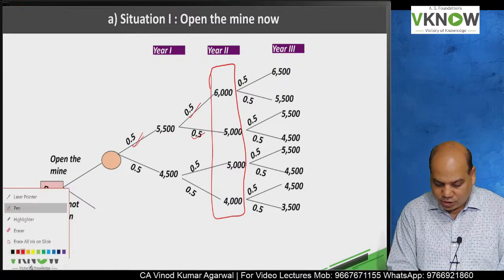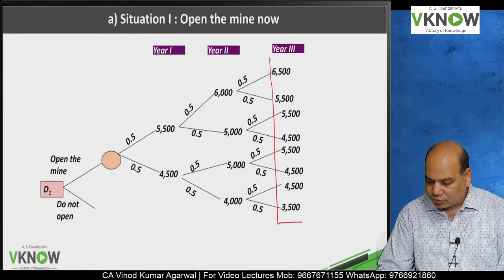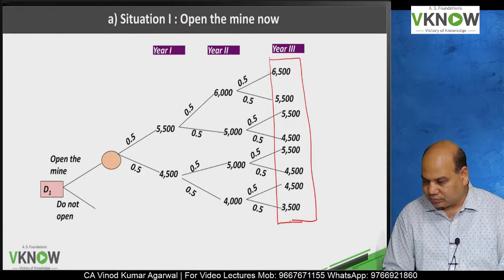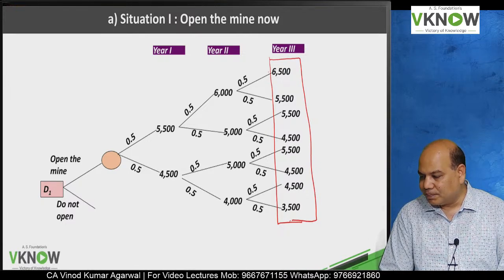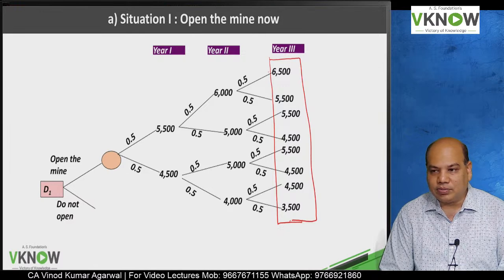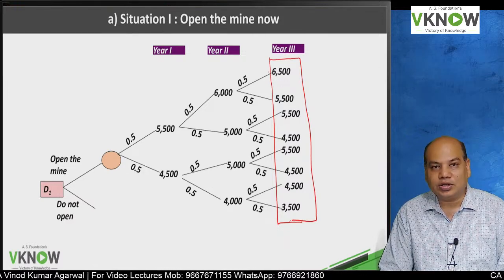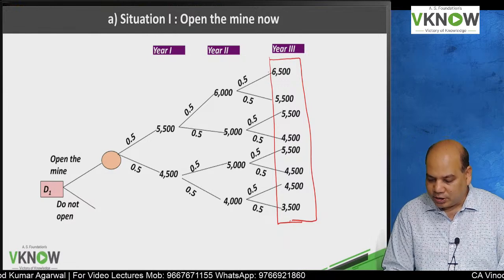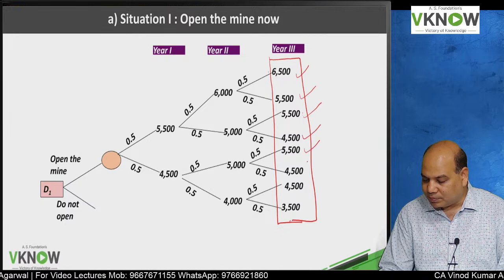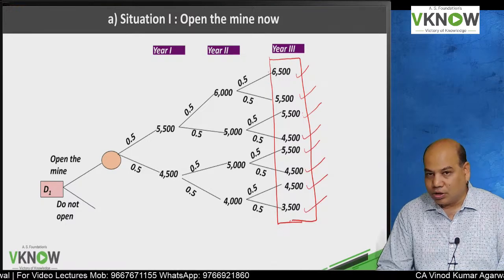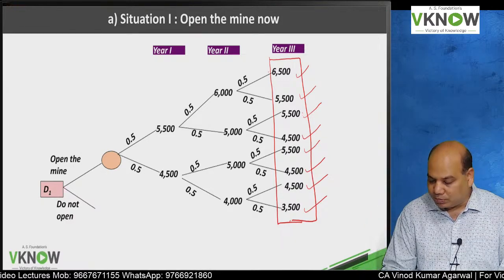One more question. What is the probability of each of these numbers in year 3? You will get 6,500 in year 3. What is the probability? In the third year we have 8 possibilities and all of them are equiprobable.